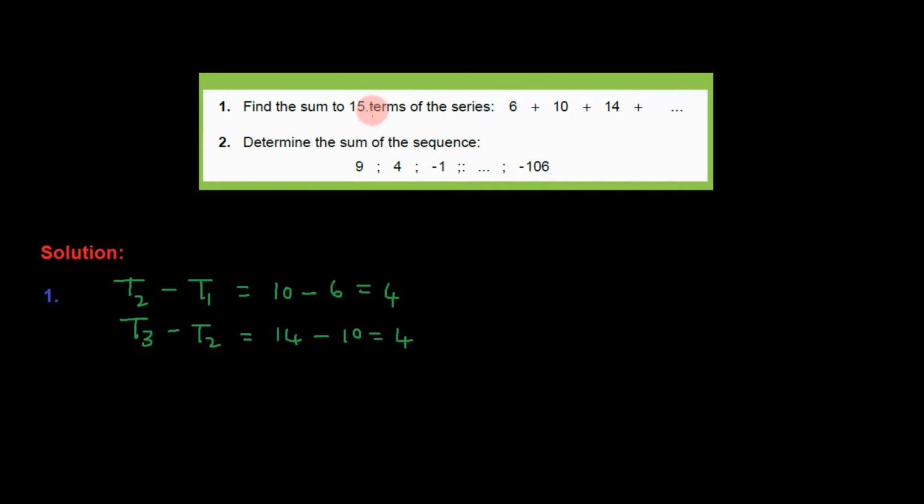We have to find the sum to 15 terms. Let's write down what we have and what we need to find. We've got the first term a, that's 6. The common difference d is 4. The number of terms is 15. And we have to find S sub 15.